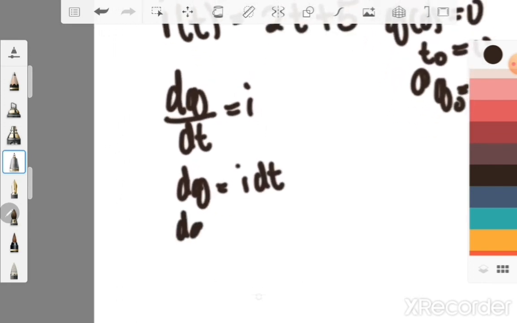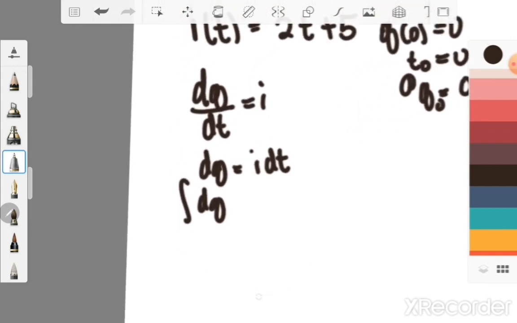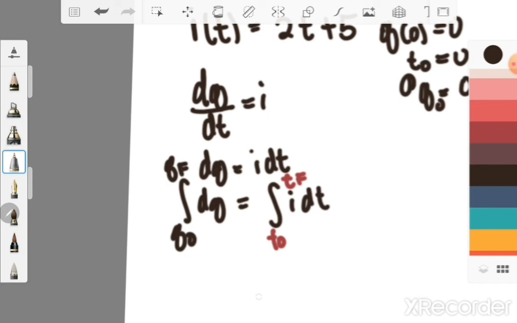So, what is your dq? dq is just the integral from q0 to qf, which is equal to the integral of your I dt from t0 to tf. This is your I dt. But what is your I?